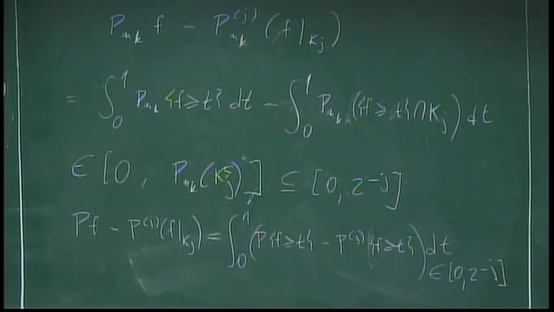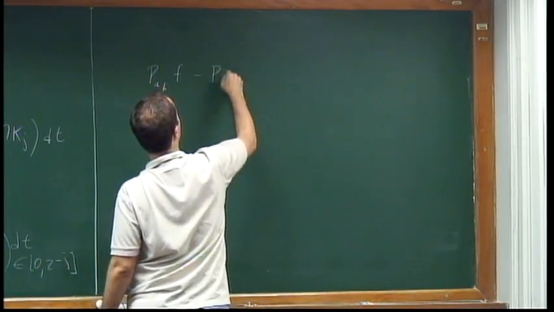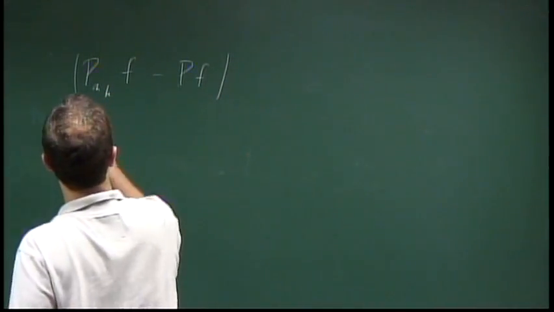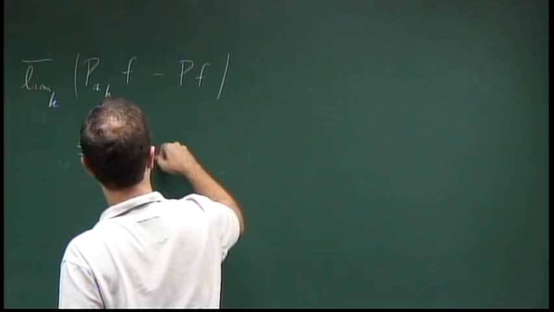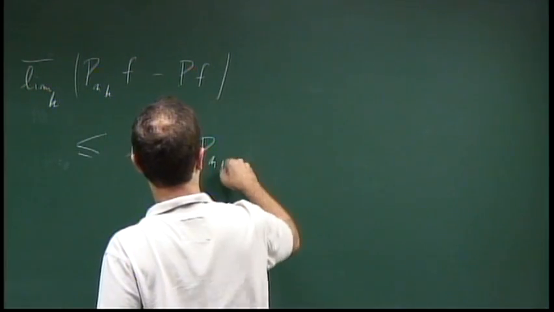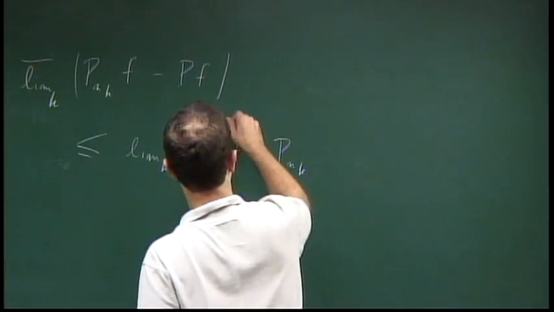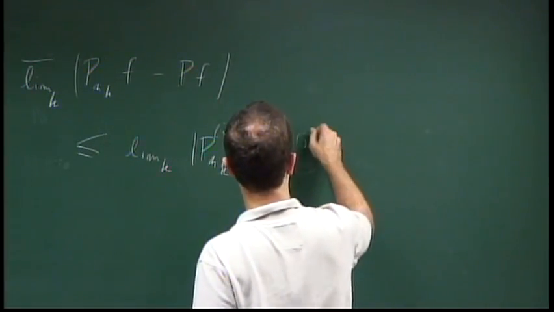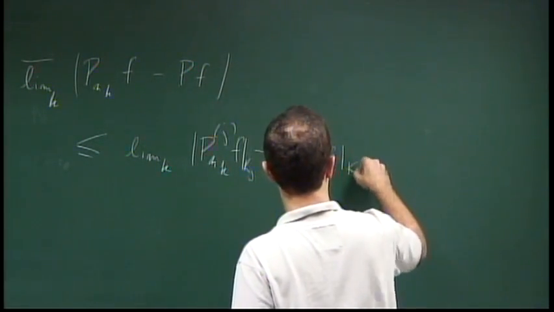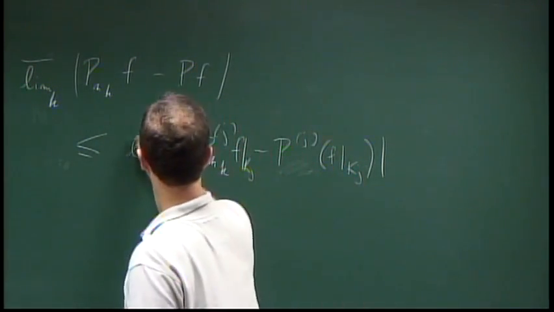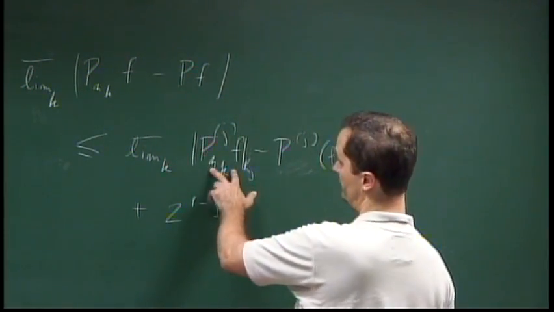So what's the value of p_{n_k} of f minus p of f? Well, this is less than the lim sup in k of p_{n_k} of f minus p_{n_k} of f restricted to K_j, plus 2 to the 1 minus j, which just comes from where I replace this guy by this guy.